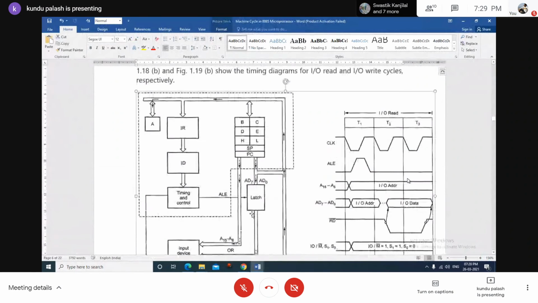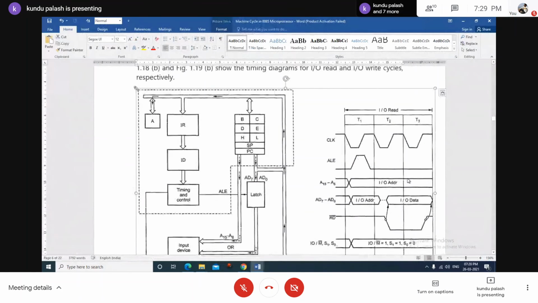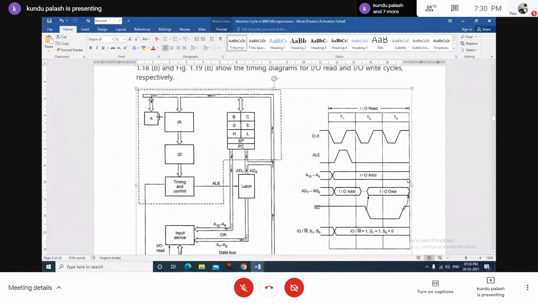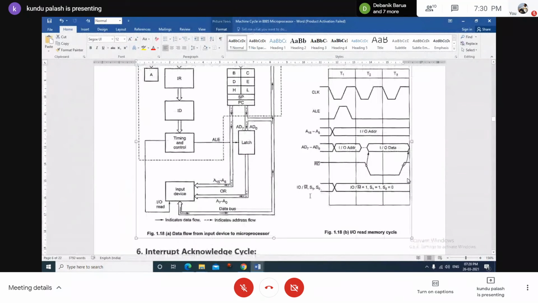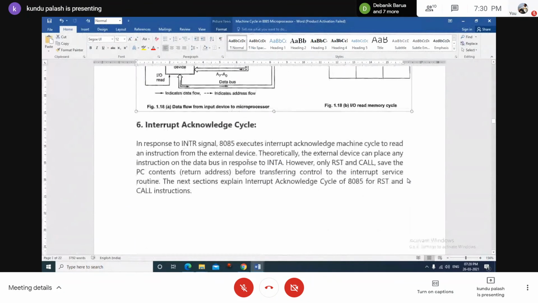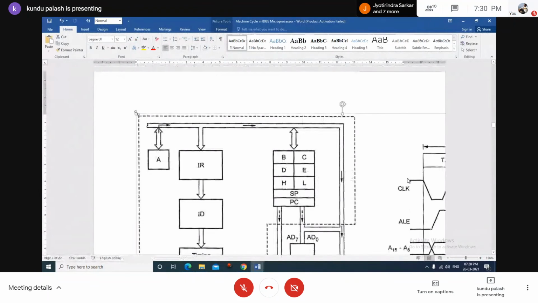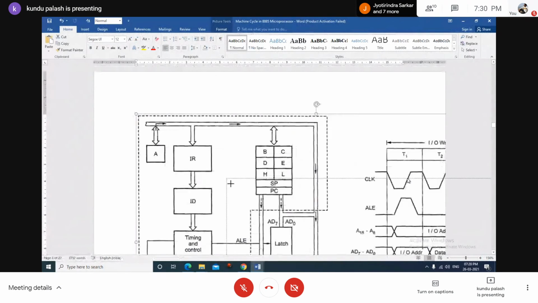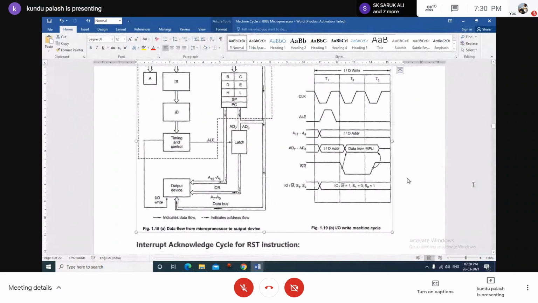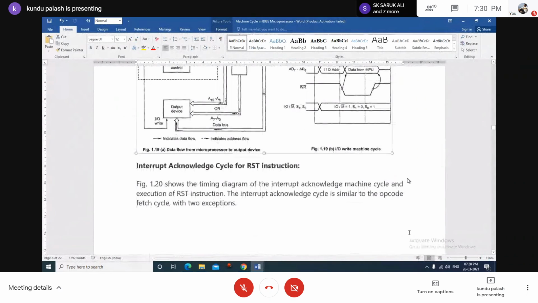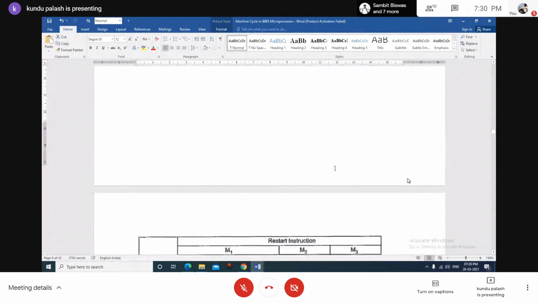What will flow? According to the left part is the data flow diagram, another is the timing diagram, and this is the interrupt acknowledge cycle. So what will happen once the interrupt request signal occurs? Look at this diagram. Interrupt acknowledge cycle for RST instruction, restart instruction, restart 0 to restart 7.